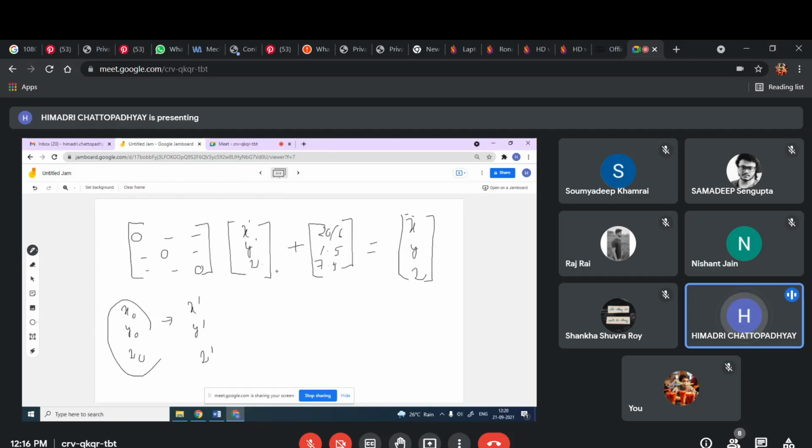Now put this 1 1 1, you get x2 y2 z2. This way, when x1 minus x2, y1 minus y2, z1 minus z2 are not changing, you have reached a converged solution.